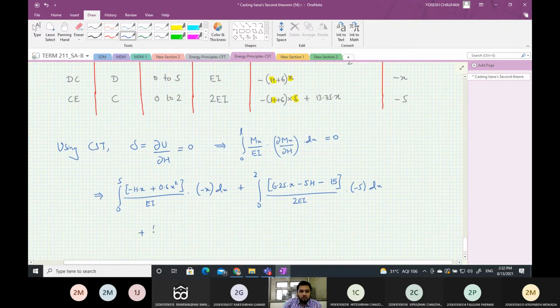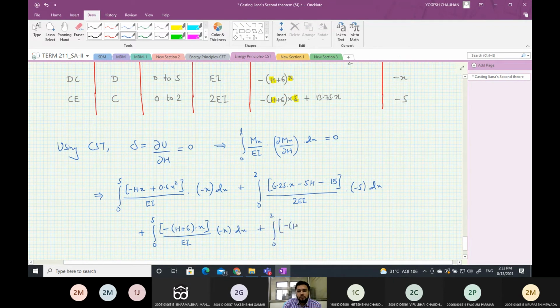Plus integration from 0 to 5 for this segment. The moment equation is minus h plus 6 into x whole divided by EI, times minus x dx, plus integration from 0 to 2.